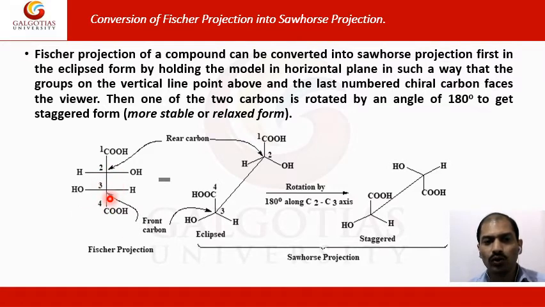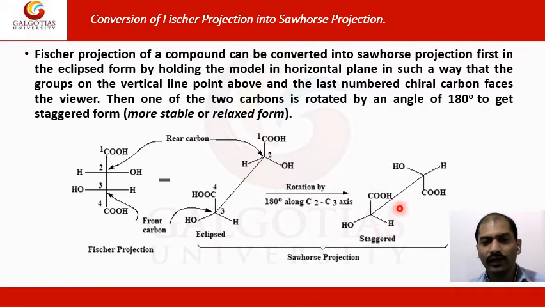How do we represent this in Sawhorse form, in eclipsed or staggered form, because there are two forms? The eclipsed form can be converted into the staggered form by 180 degree rotation along the C2-C3 axis. Here the carboxylic groups have the same direction, making an inverted Y. If this kind of structure is formed, that is called the eclipsed form.